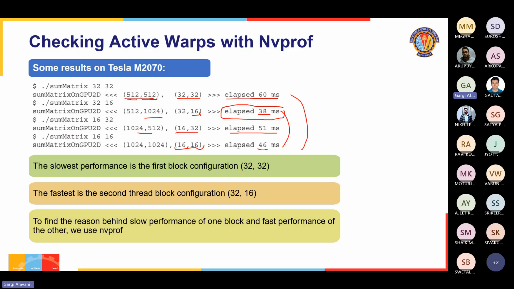So the slowest performance is for 32 by 32, and the fastest is 32 by 16. So we cannot say reduce the number of blocks significantly and that will improve your performance, or increase the number of blocks and that will help. You have to keep experimenting and find out what works best for your application.